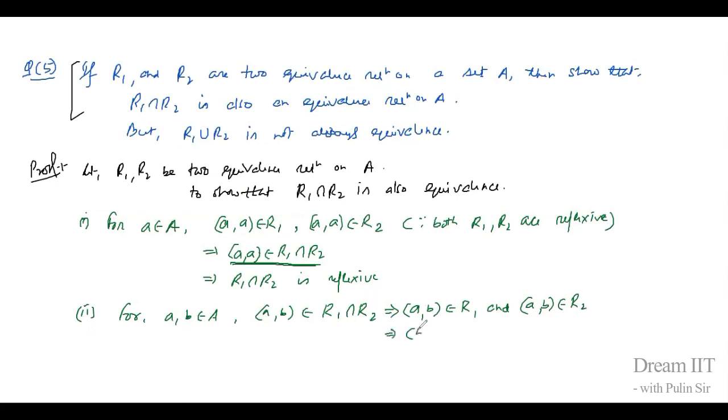And as individually all these relations are equivalences, B comma A will be in these two. So in fact, B comma A belongs to R1 intersection R2. This leads you to conclude that R1 intersection R2 is symmetric.